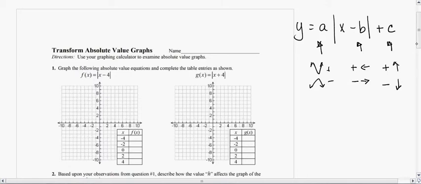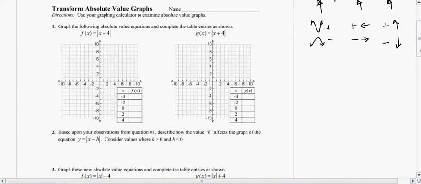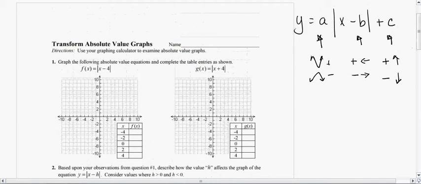All right, so number one says f of x equals absolute value of x minus 4. So I've got a minus 4, and it's inside my absolute value bars. That means I'm moving it to the left or to the right. It's negative, it's minus, so I'm going to move it opposite of what I think.